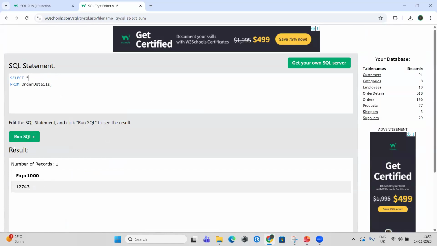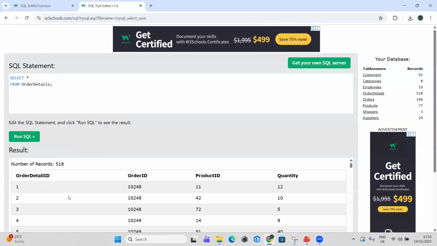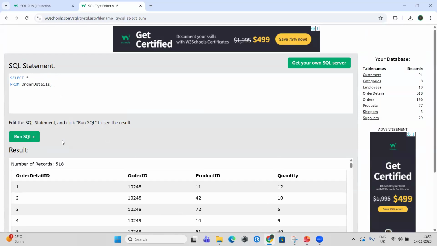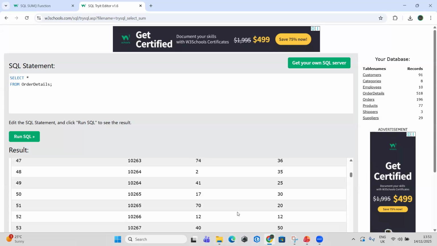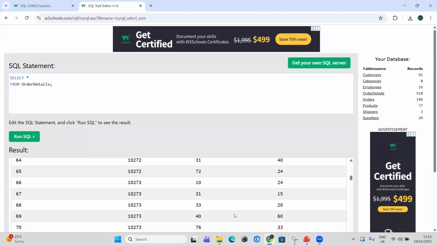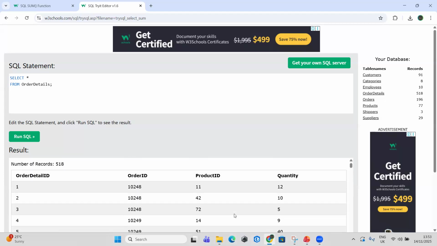If I have a look at the table, there was this quantity, and that was the total sum of the quantity, right? Maybe there's no price column here, right? There is no other column here that can be added.